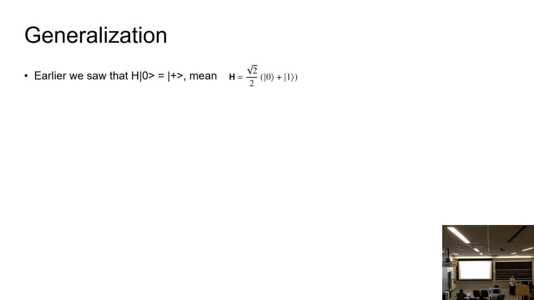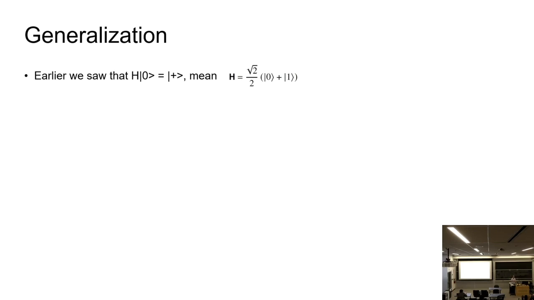Earlier, we saw that applying the Hadamard gate to a state 0 brought it to the equator. It turned it into a plus state. That tells us that the Hadamard gate brings us to square root of 2 over 2 times 0 plus 1, a balanced superposition of 0 and 1.